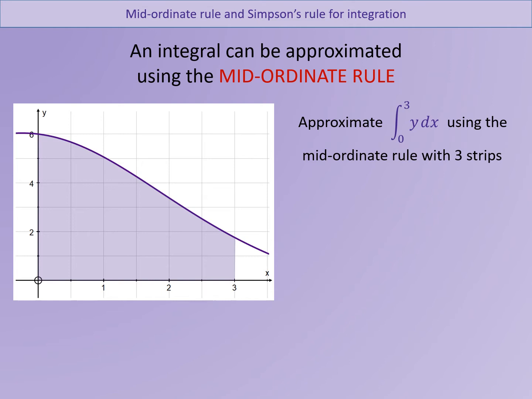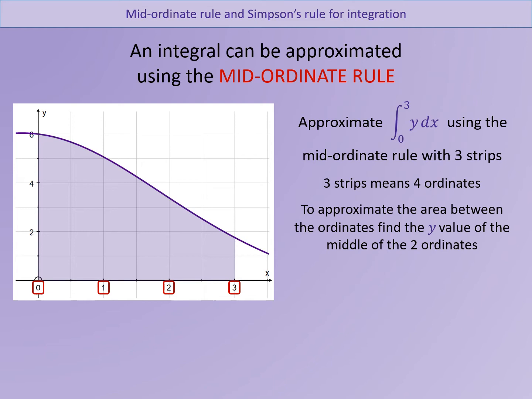So in this case, we know that 3 strips means that there will be 4 ordinates, being 0, 1, 2 and 3, equally spaced out, and those 4 ordinates will produce our 3 strips.